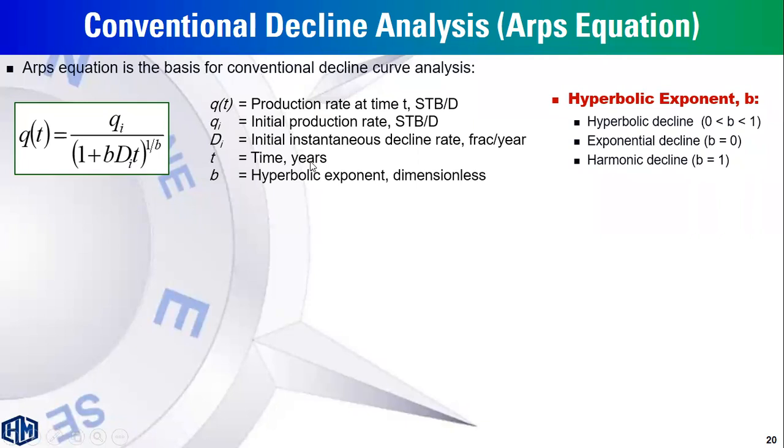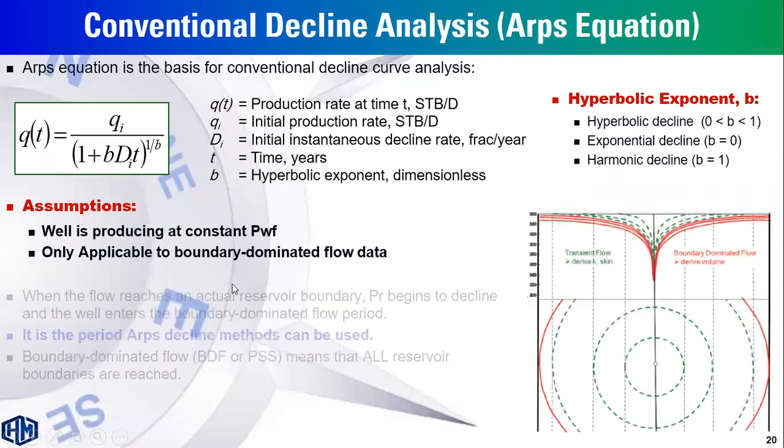This is the general Arps equation, and we have three approaches for this hyperbolic exponent: b equals 0 for exponential decline, 1 for harmonic decline, and between 0 and 1 for hyperbolic decline.